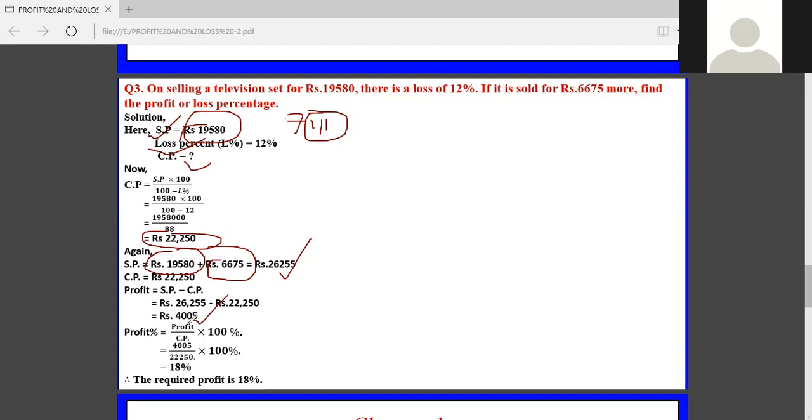Profit percent equals profit by CP into 100%. Then if you calculate this one, you will get 18% as the answer. This is the book, 7 third number, 7 I.